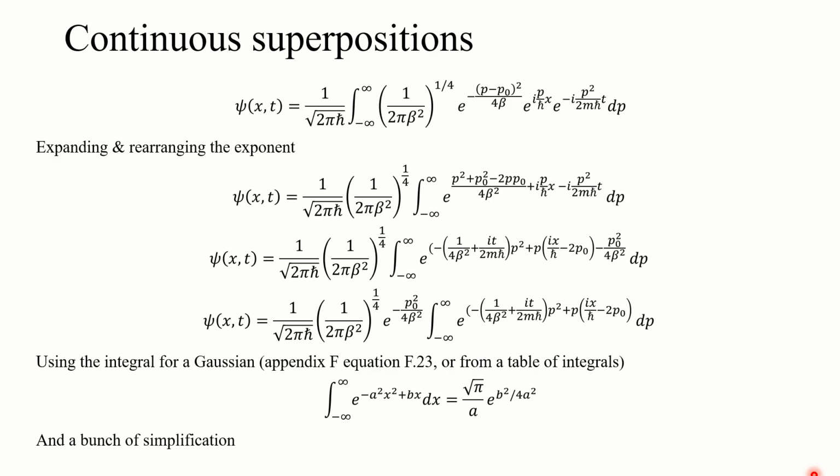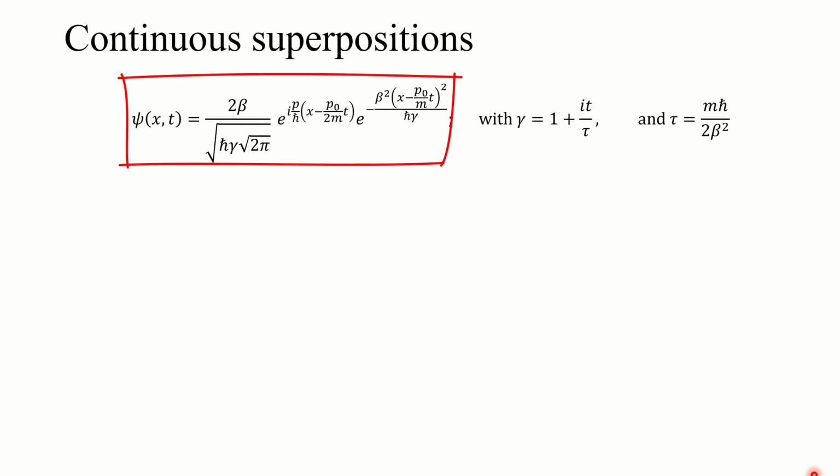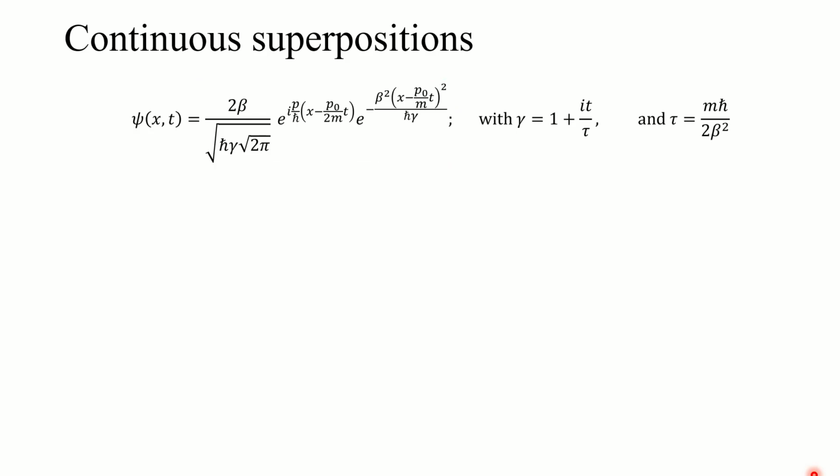I'm probably going to assign it in the homework for you to go through it. But the gist is, after a bunch of simplification and defining some new parameters, that gives us our position space wave function, our wave function as a function of time as well, of this form, right? Where we've defined gamma and tau this way.